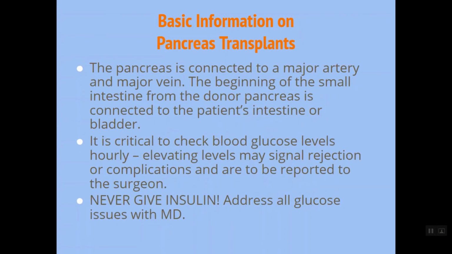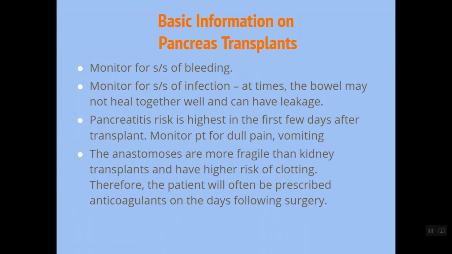Usually when somebody gets a kidney or a pancreas transplant, they're going to be getting a kidney-pancreas transplant the majority of the time. So all the kidney transplant stuff is still going to be present with the kidney-pancreas transplants. But if it's just a pancreas transplant, we're going to monitor for signs and symptoms of bleeding, monitor for signs and symptoms of infection. At times, the bowel may not heal together well, and they can have a leakage.